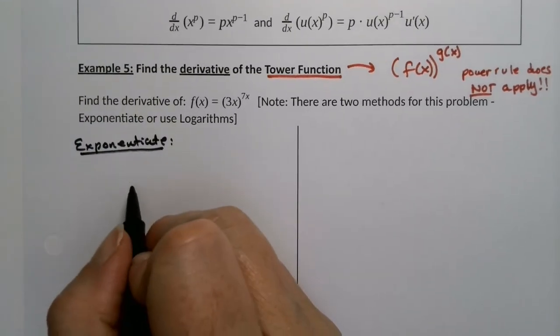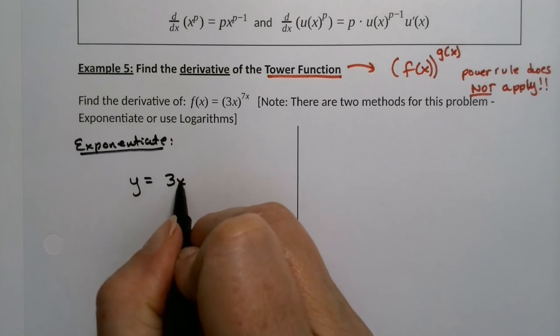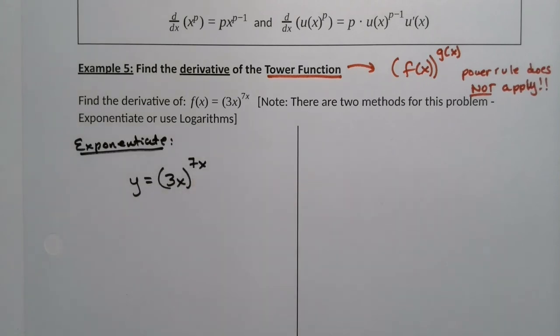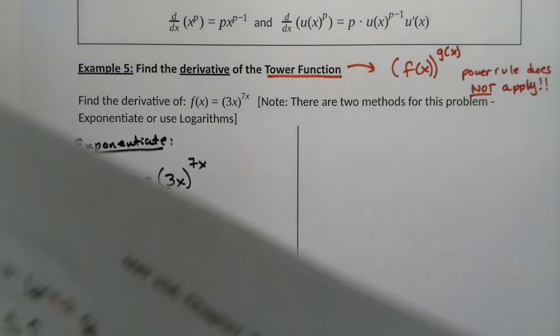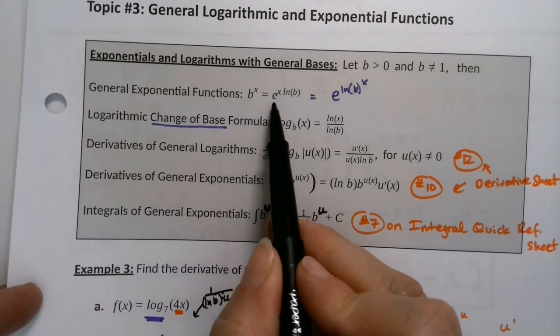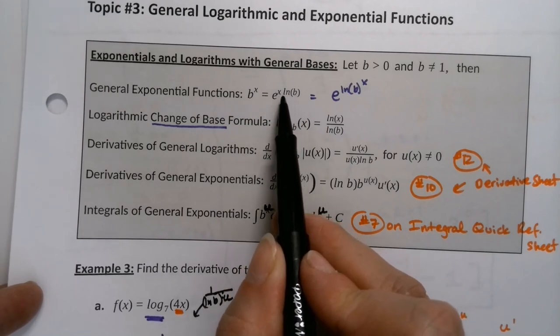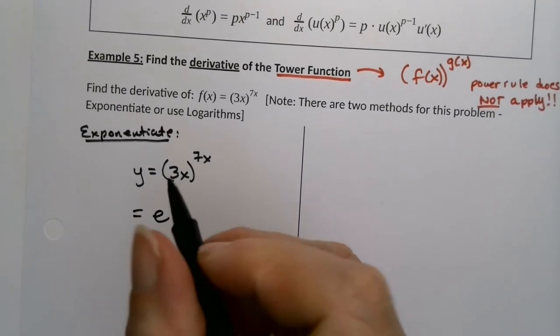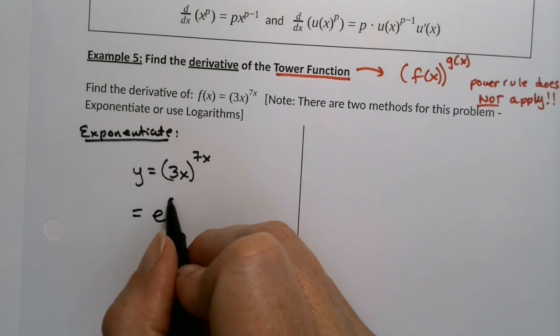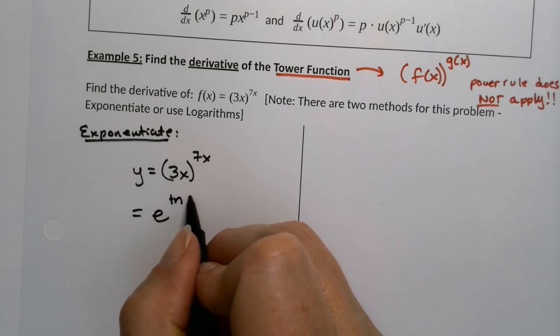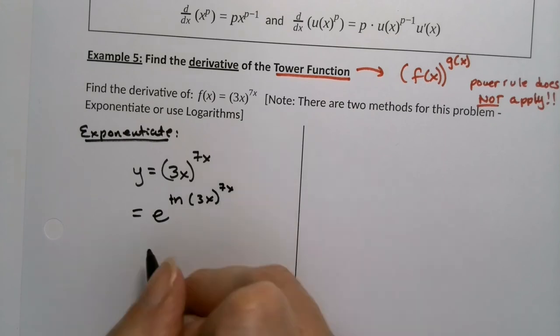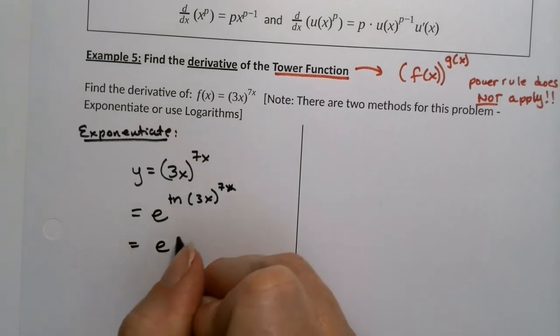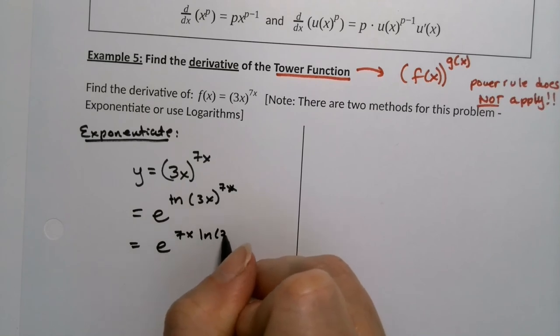Now the function was y equals 3x to the 7x. But if you'll remember, a couple pages ago, we can rewrite a general exponent as e to the x natural log of b. So I can rewrite this as e to the natural log of 3x to the 7x, which is the same thing as e to the 7x natural log of 3x.